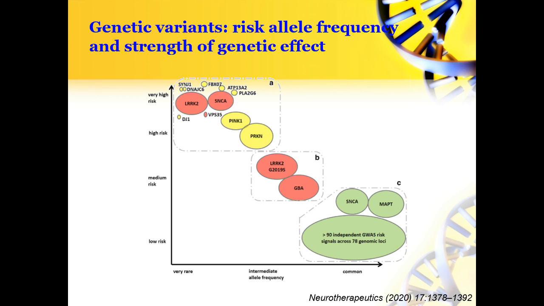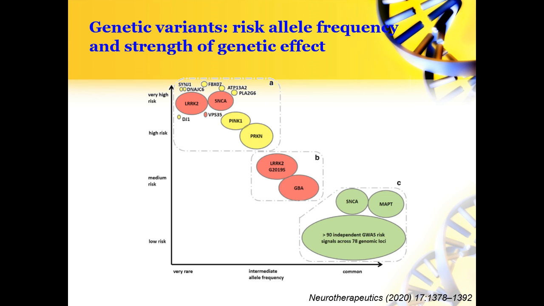The genetic architecture of Parkinson's disease shows a continuum of variants of different effect strength and allele frequencies. The size of the bubble roughly corresponds to the population allele frequency. Color symbols indicate modes of inheritance: dominant as red, recessive as yellow, risk loci as green.